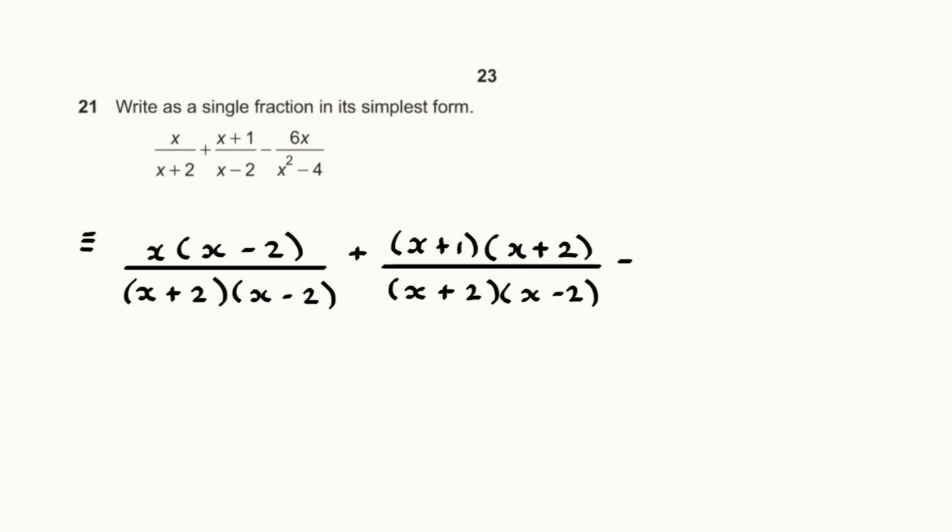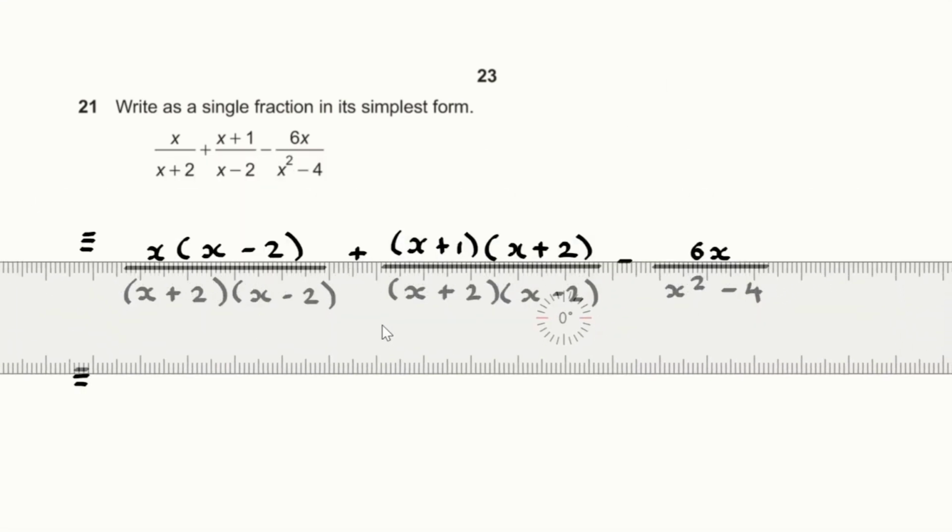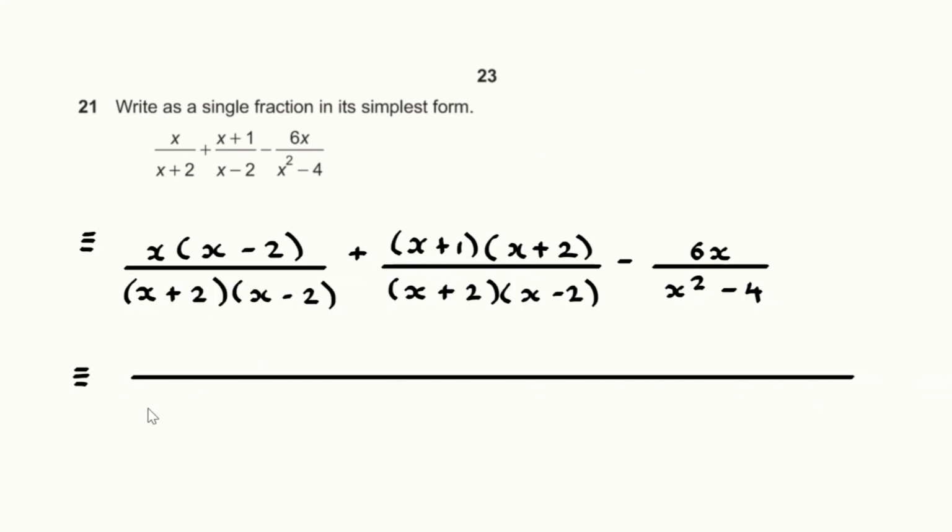And then I subtract 6x over x squared minus 4. So what is all this the same as? Well, on the bottom I've got x squared minus 4, a difference of two squares. And on the top I've got x lots of x minus 2 being added to x plus 1 lots of x plus 2.